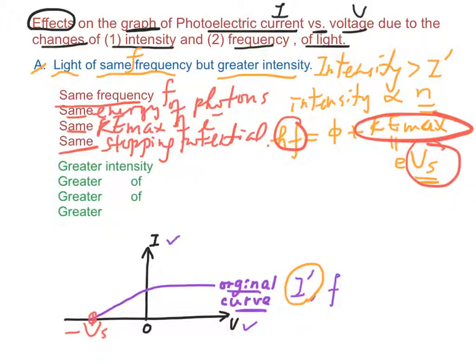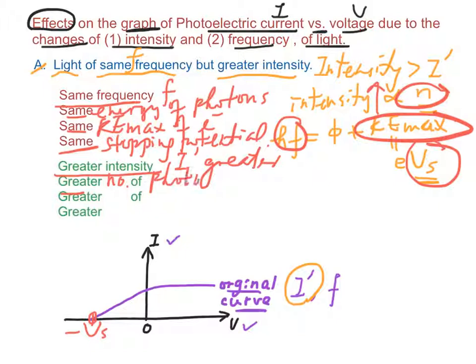If we have greater intensity of light, then we have a greater number of photons incident per second, n.